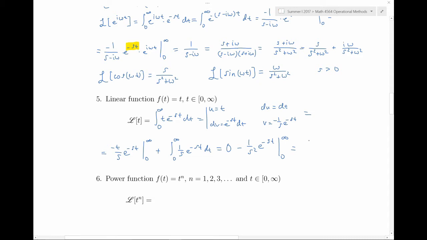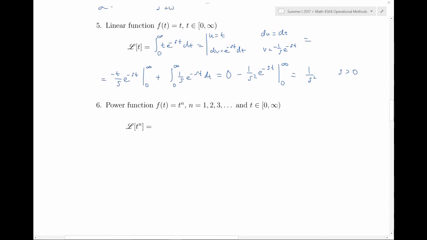So this becomes 1 over s squared for s greater than 0. Alright, this does look a little bit like the Heaviside function. When the Heaviside function was just 1 over s, the function t is 1 over s squared.